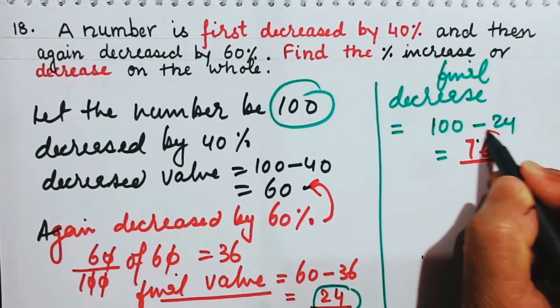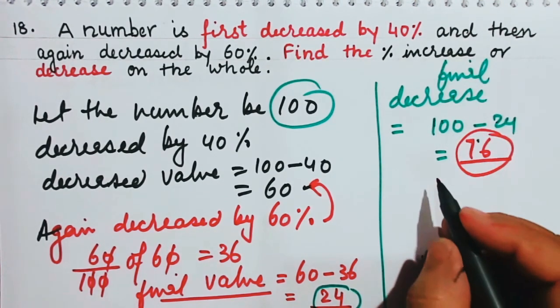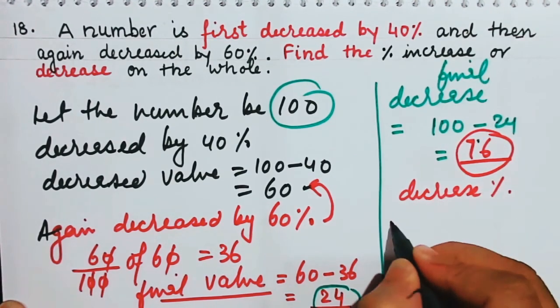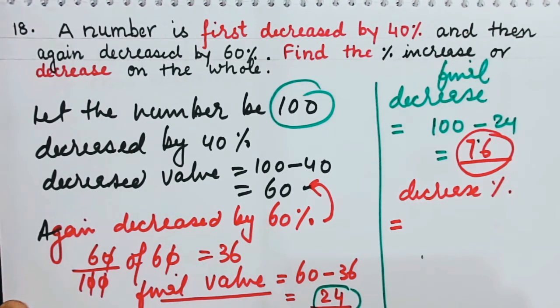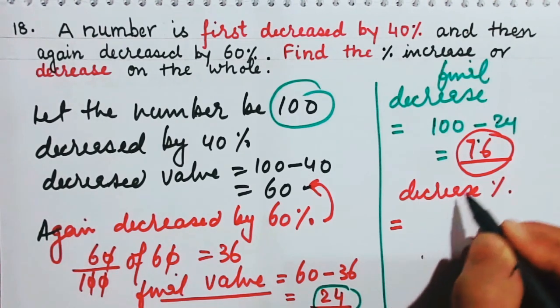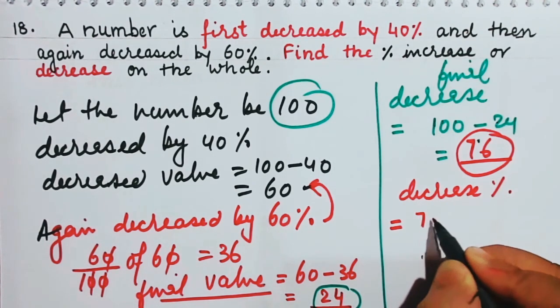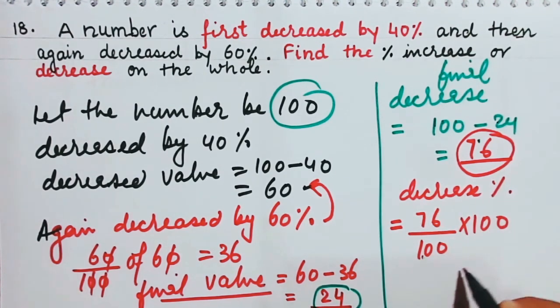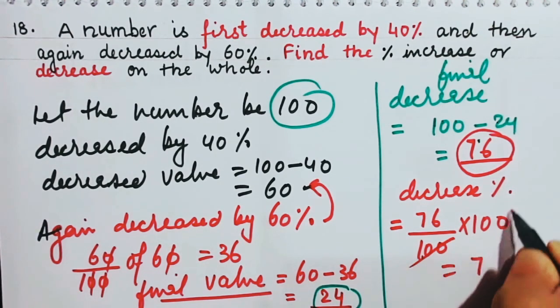So final decrease was 76. So what is the decrease percent? Decrease percent is equal to decrease by original value multiplied by 100, which is equal to 76%.